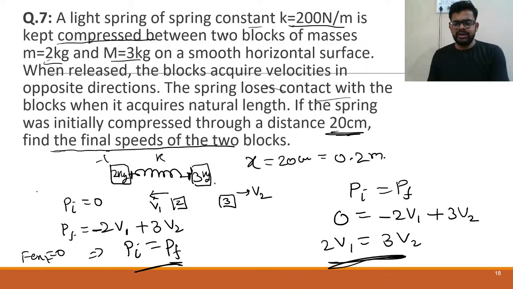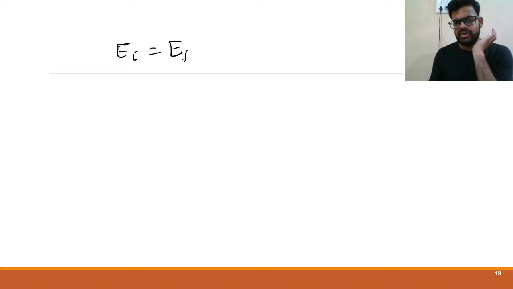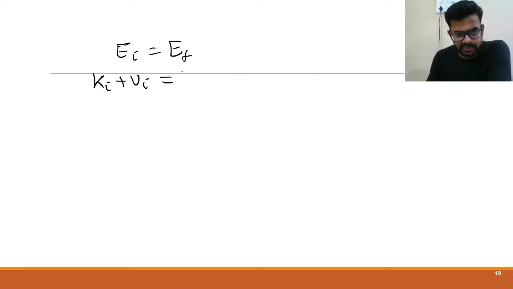Initially the spring is compressed, means some energy is stored in it, and finally it is released, so it is converted into kinetic energy. So directly I will say the energy conservation principle: E initial will be equal to E final. This is the law of conservation of mechanical energy. So K initial plus U initial will be equal to K final plus U final.